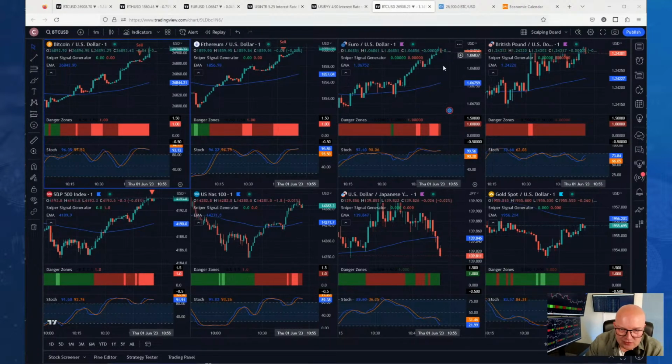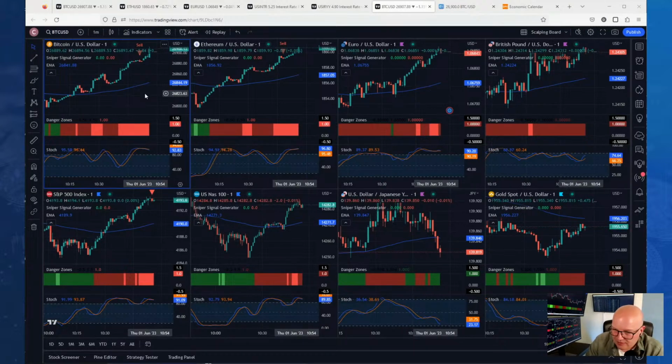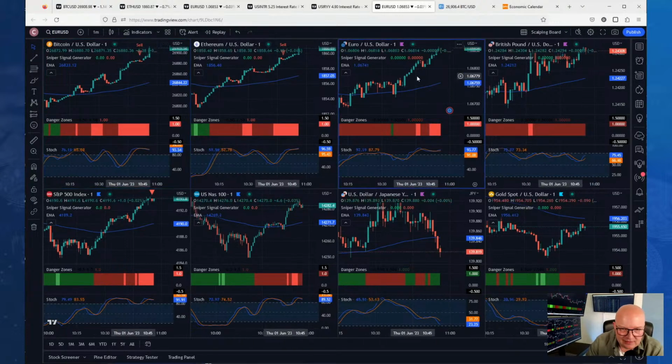Euro dollar also coming in a little bit toppish now. And we're seeing some candles to the upside. So let's see if we really have to scale into that position maybe. 3 more minutes, then we will see.